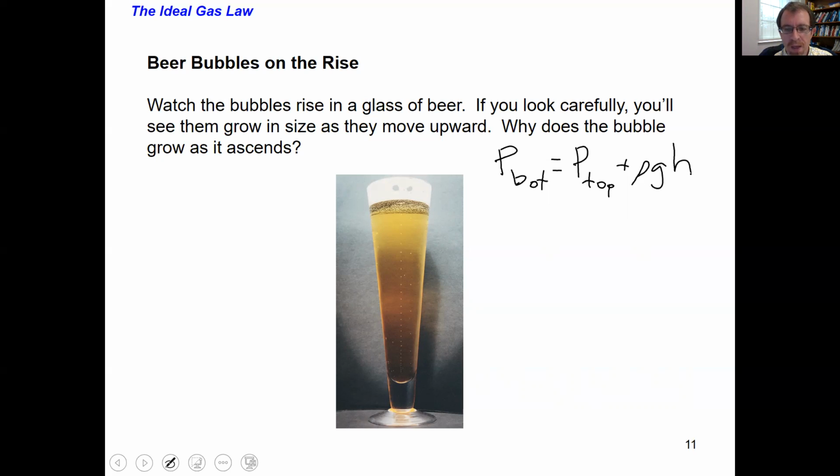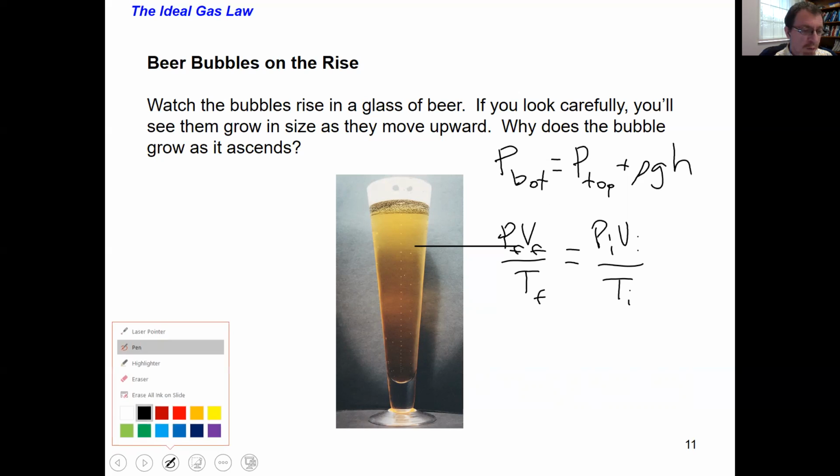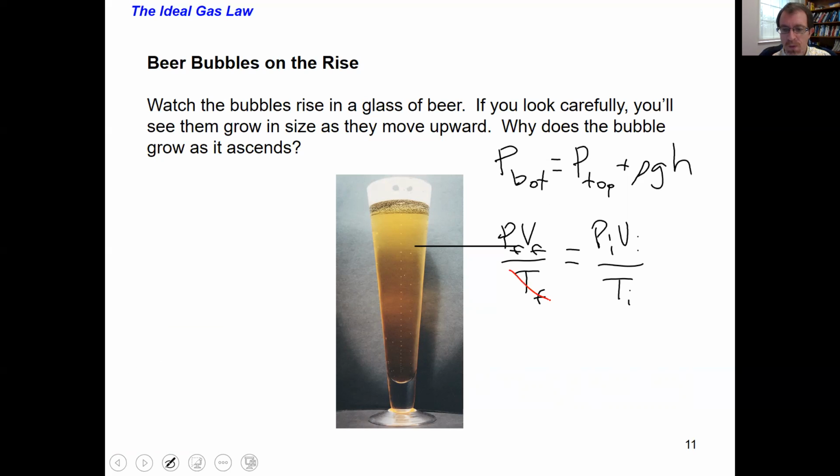And then our ideal gas law says what? Well, at least the modification, the comparison there. The temperature in the glass is going to be constant throughout, so we can eliminate the temperatures. They're going to be the same. Our initial pressure is the pressure at the bottom.